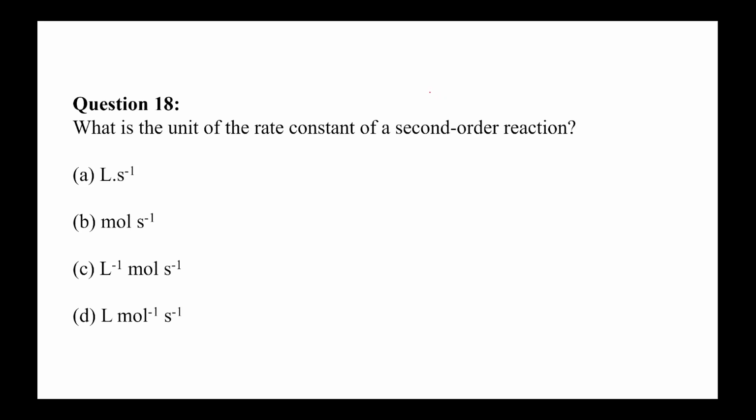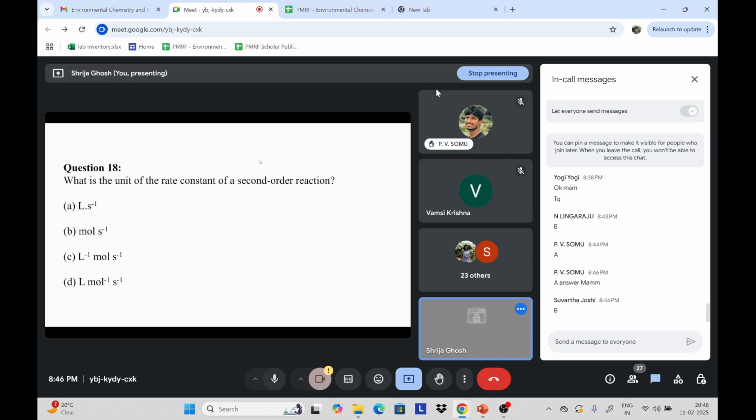Okay, the next question is, what is the unit of rate constant of a second order reaction? What is the unit of the rate constant of a second order reaction? This is an easy question. You all can answer this.